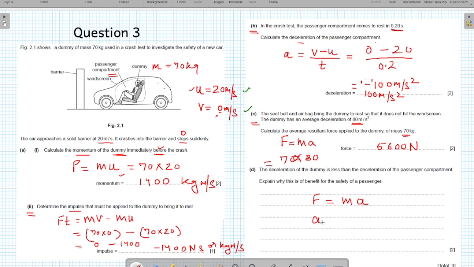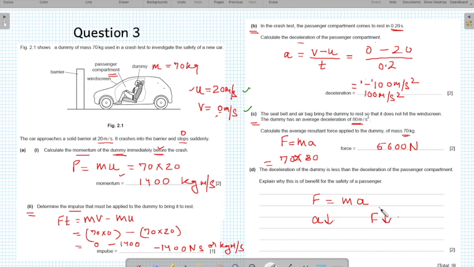If the acceleration is going down, the force is also going down, right? The rate of change of velocity of the dummy is lesser, which is the same as acceleration. Rate of change of velocity is acceleration. Acceleration of the dummy is less, so the force experienced by the dummy is also less.